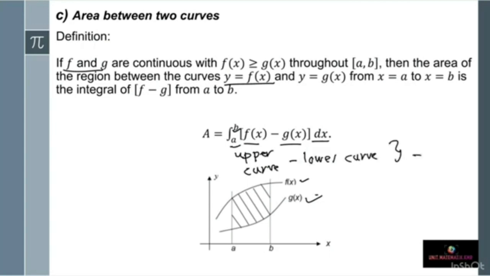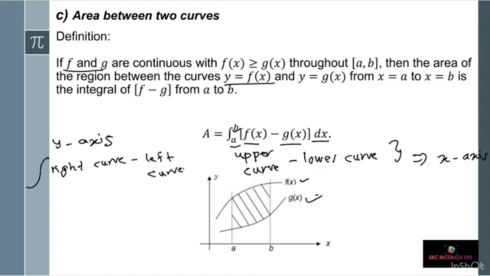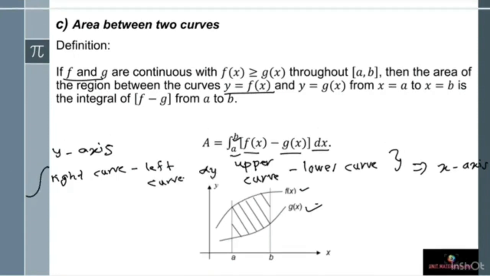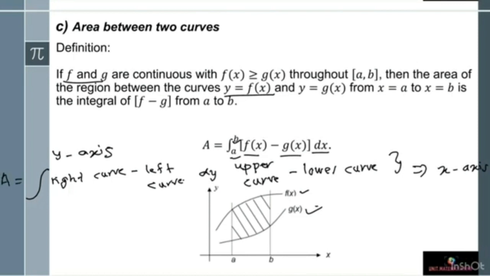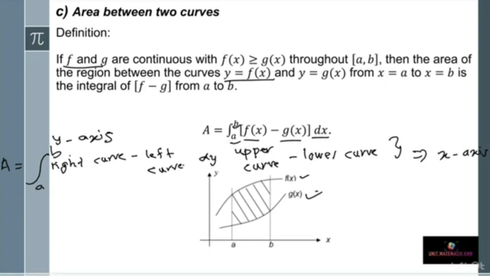This is for the x-axis. If it is the y-axis, you have to take the right curve minus the left curve, with respect to dy, from a to b. That is the area between two curves.